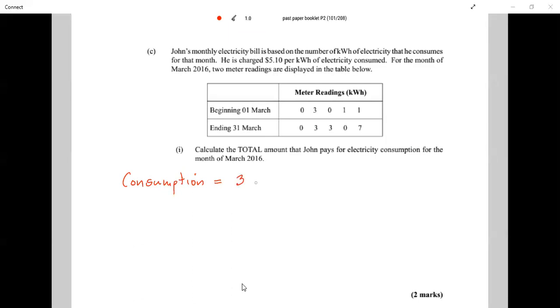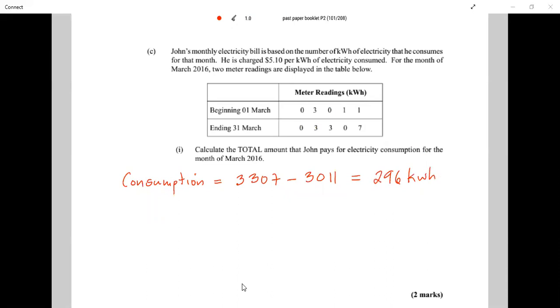This is 3307 minus 3011. So for the month of March, John consumed a total of 296 kilowatt hours of electricity.